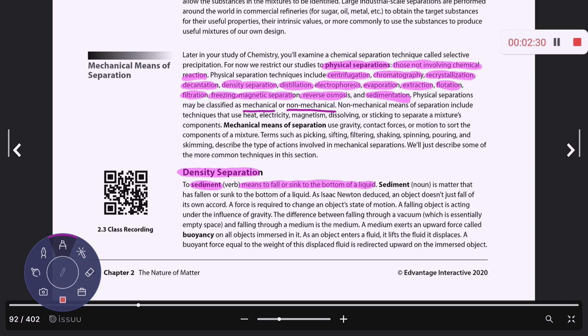So if I shake up sand in water, the sand will obviously settle to the bottom eventually. So the sand would be sedimenting because it would fall to the bottom of the liquid. But we can also use the word sediment as a noun. So the sand would also be a sediment because it is the matter that is sinking to the bottom of the liquid. Okay, let's take a look at the next page.